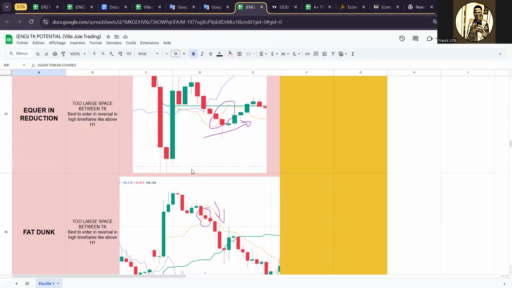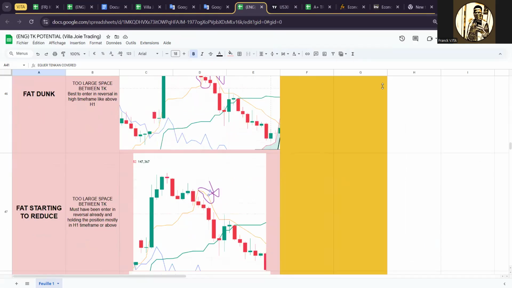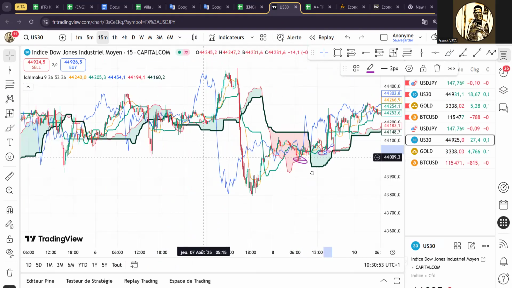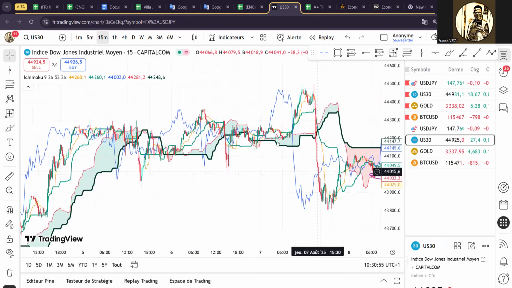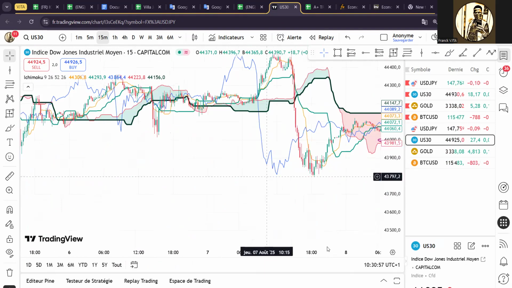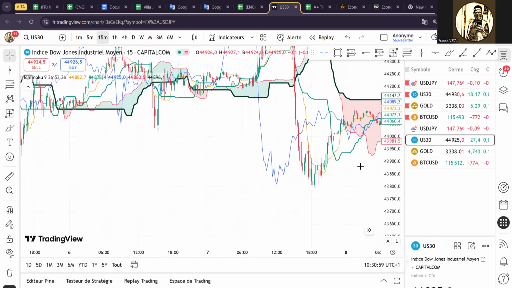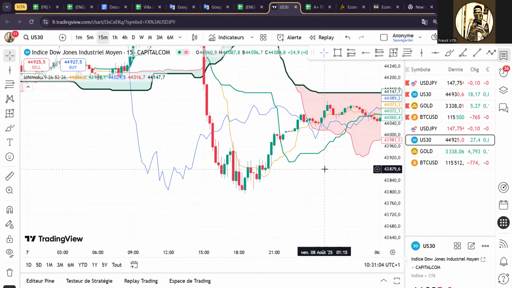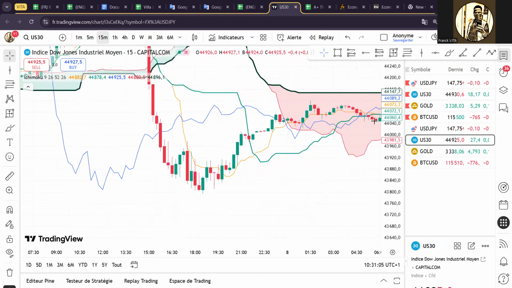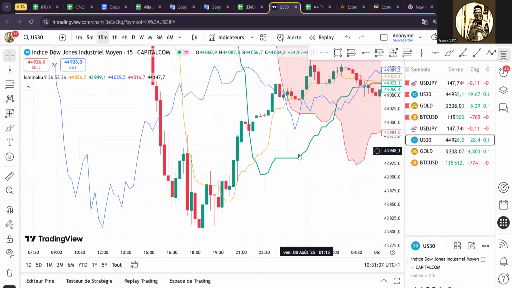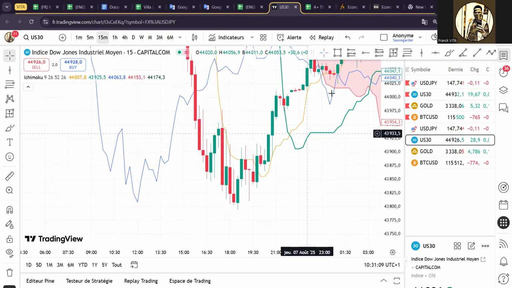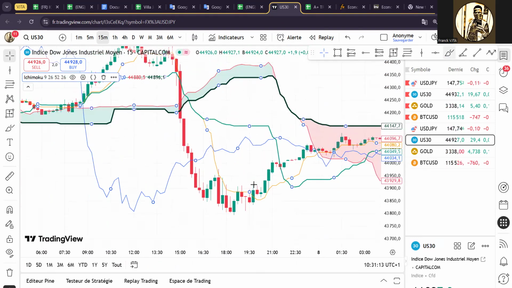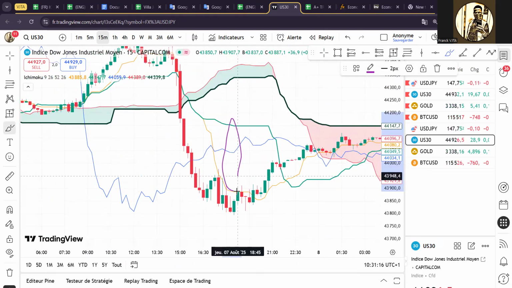Anyway, now you have the fat dunk. The fat dunk is easy. For example, the candle was going down just at this point. And then you have this huge fat of TK, huge fat.